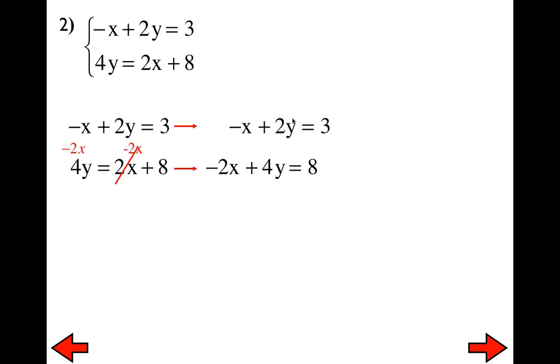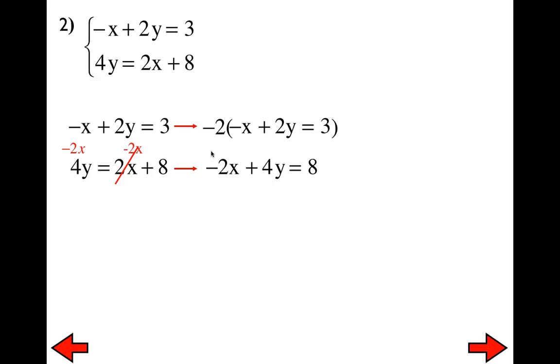However, none of the variables eliminate, so I'm going to have to manipulate maybe one or both. In this case, I would only have to change the first equation by multiplying it by a negative 2. If you're wondering why I multiplied by a negative 2, it's because here you'll see that we have a negative x and a negative 2x. Unfortunately, 2 negatives isn't going to allow me to eliminate the term.